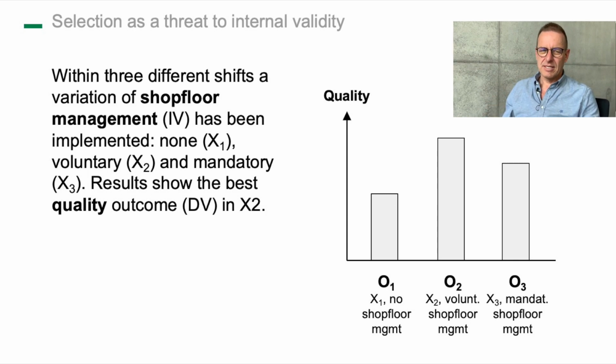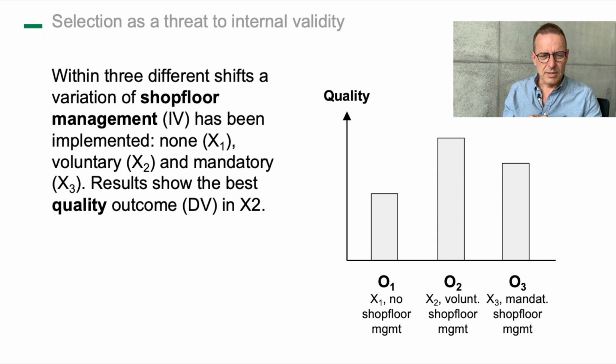So the independent variable is the extent to which shop floor management is mandatory or not, or whether you do it or not. And the dependent variable is the quality of work. Does shop floor management really increase the quality of work, of the outcome?